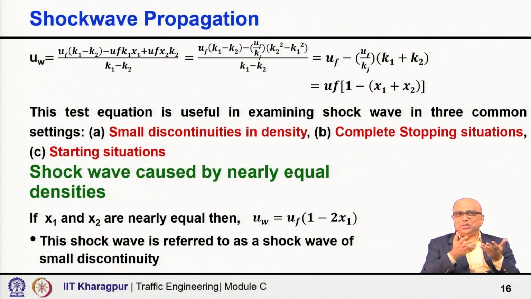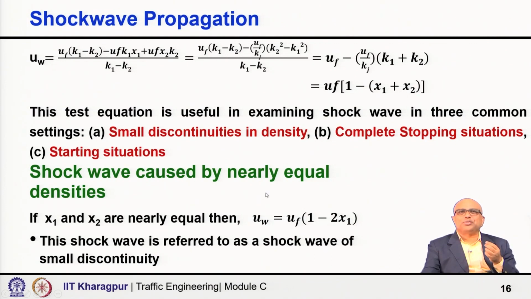So there is a discontinuity, but we call it a small discontinuity in density, where x1 and x2 are nearly equal. Second, a complete stopping situation, where one of them is a complete stop. And third, a starting situation. Under these three settings we can examine this equation.